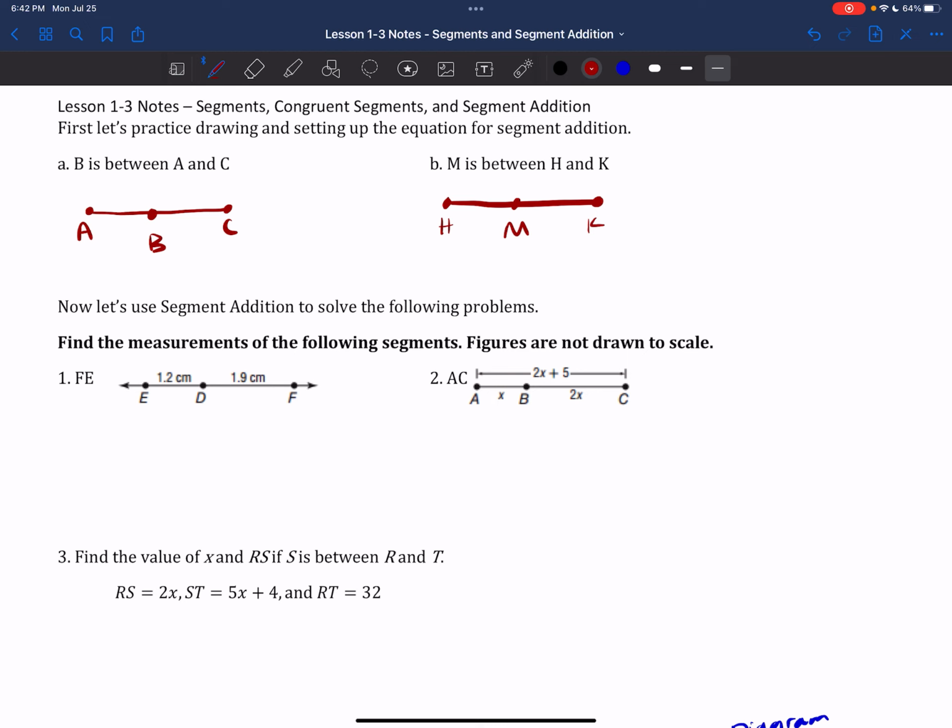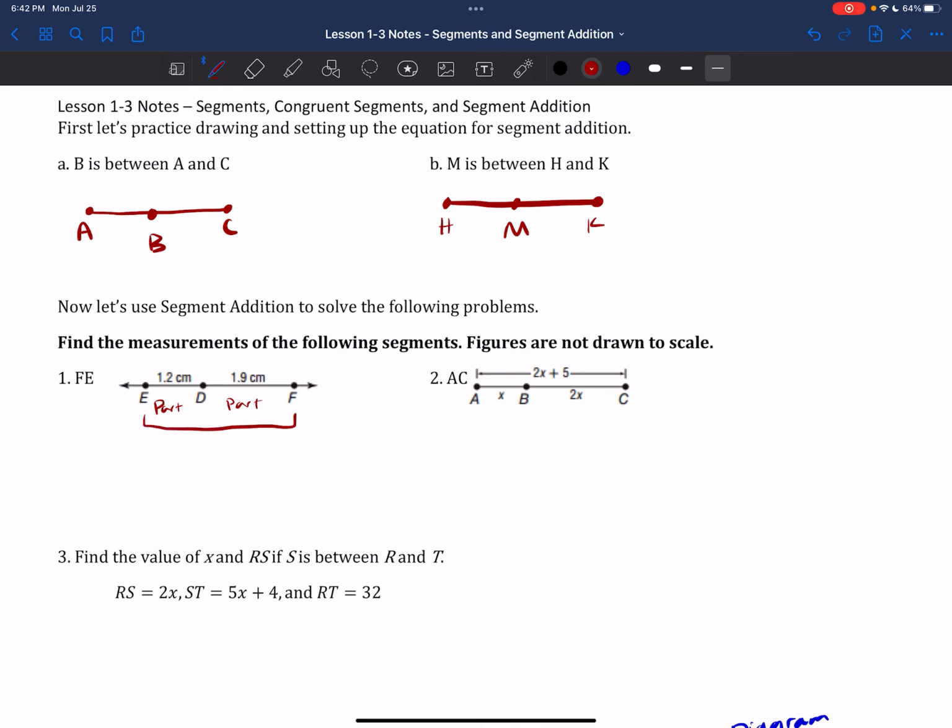If I glue them together, you're going to get that same chocolate bar back as it was in its packaging. So we have this part here, ED, which is 1.2, and this part over here, DF, which is 1.9.